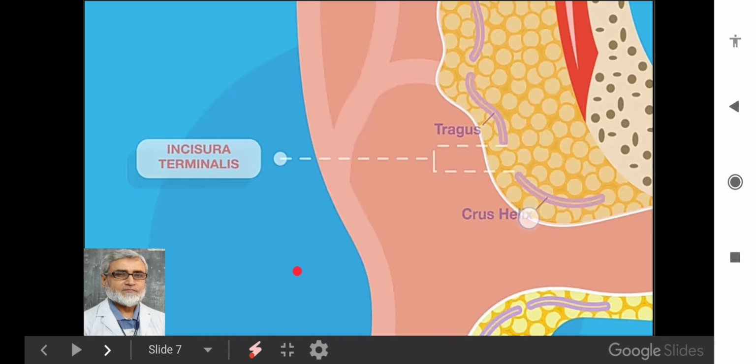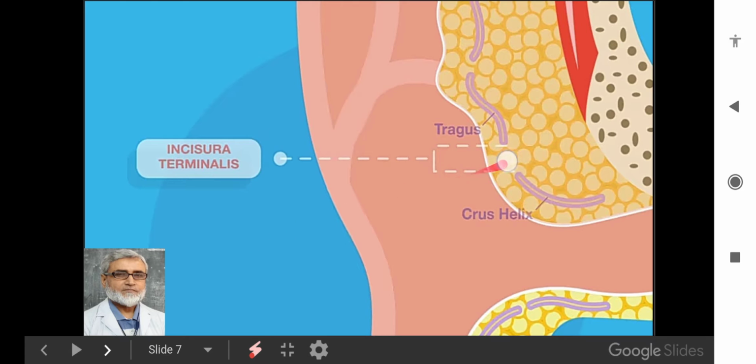See here the crus of helix. Clinically it has very good importance because after any injury to cartilage, healing is very poor. Healing is very poor in the cartilaginous part. So if you give any incision in this region, between the cartilages, healing will be good.